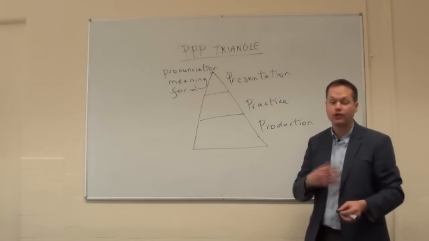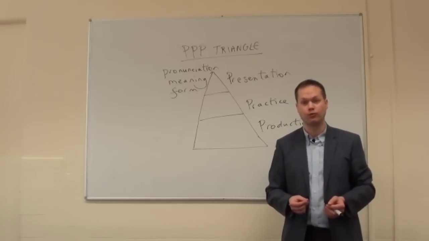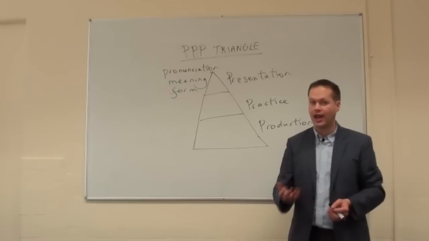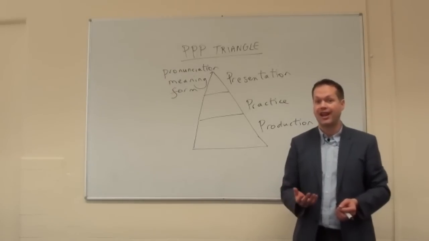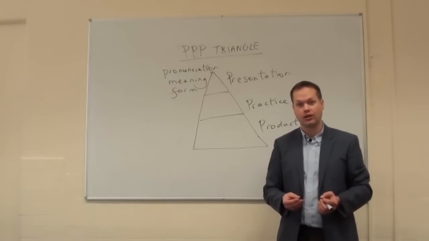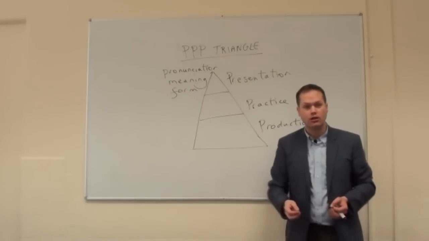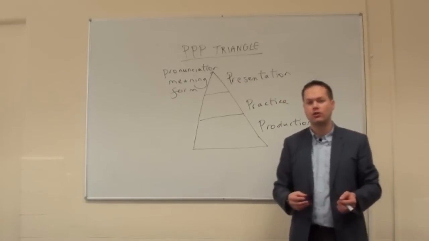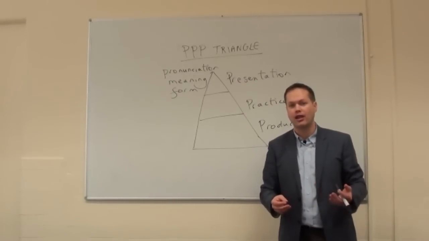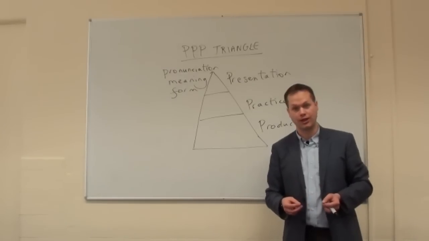First of all, when you're introducing target language, students need to know how to pronounce the language properly. You're going to have to drill the language, model the language, show students how to get the pronunciation right. The next part of the presentation is the meaning. This means helping students understand what the language means, the significance of the words or the phrases that you're teaching.